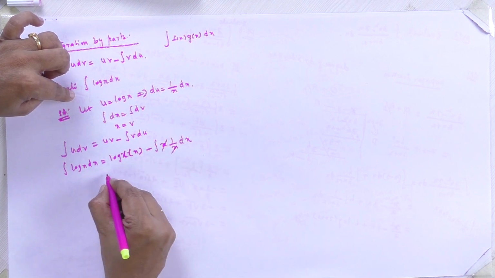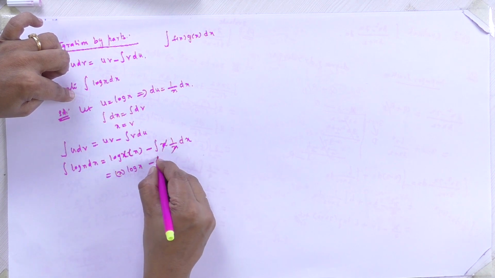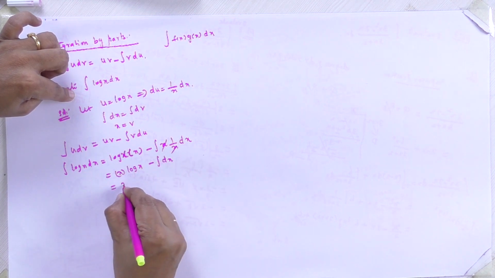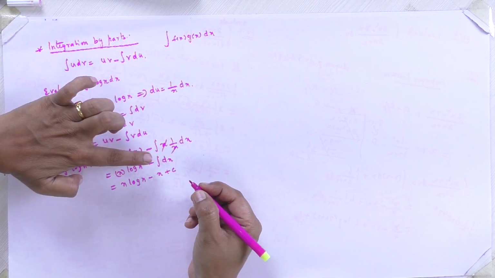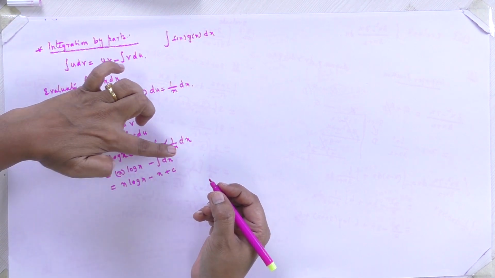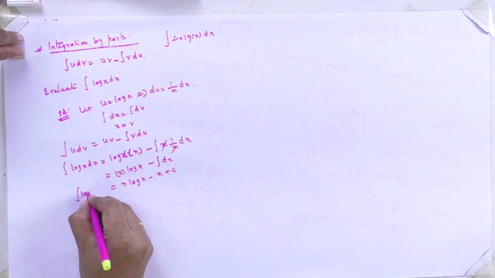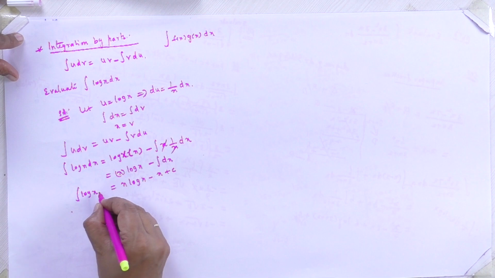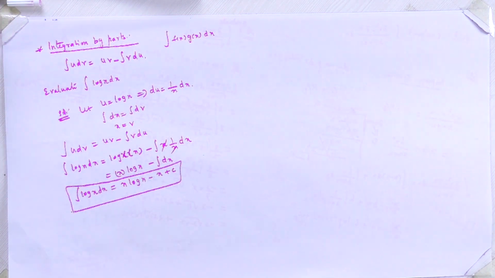This x gets cancelled. So we get x log x minus integral dx. We know the value of integral 1 into dx is x plus c, since 1 is a constant. So we remember this formula: integral log x into dx is x log x minus x plus c.